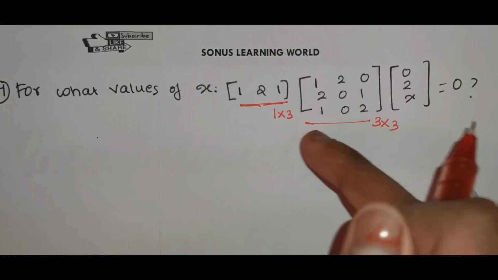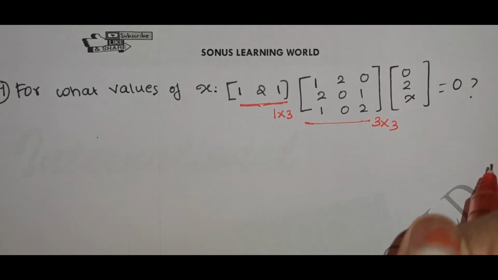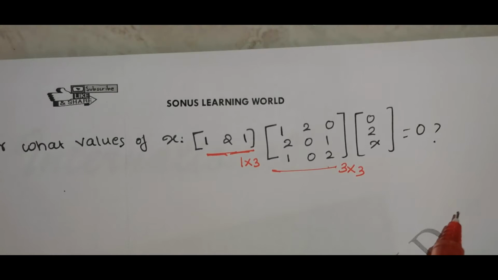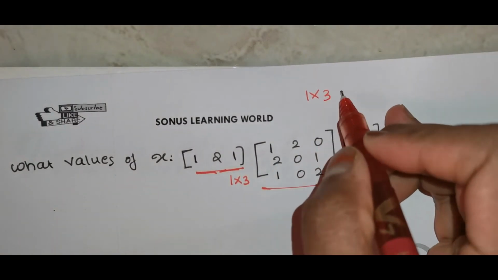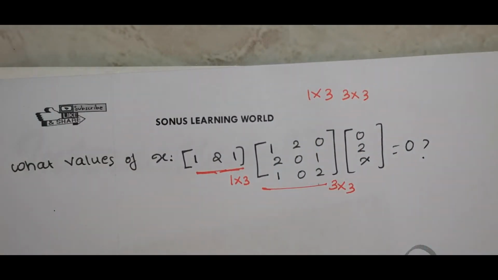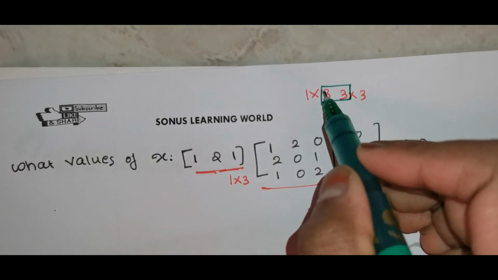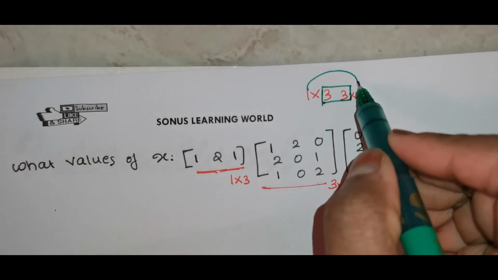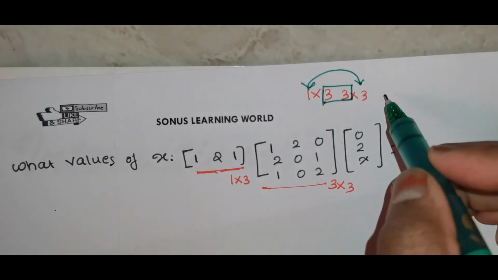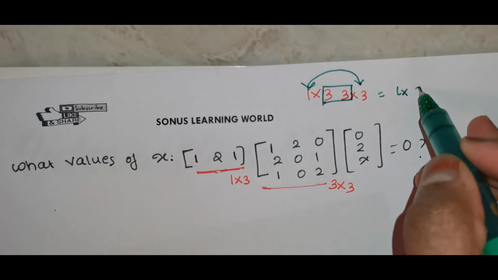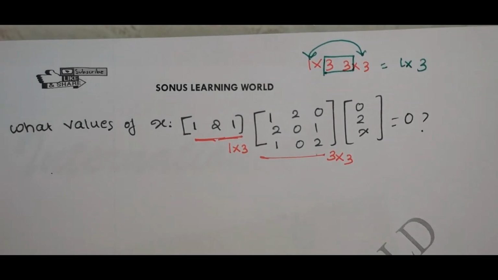If I multiply these two, what will be the order of the resulting matrix? 1 by 3 and 3 by 3. Taking the 3 and 3 away, the order of the resulting matrix is 1 by 3.